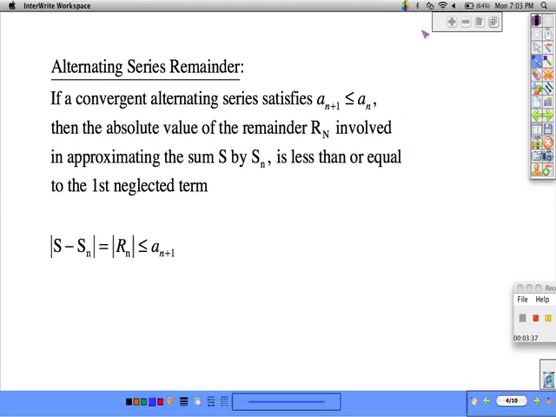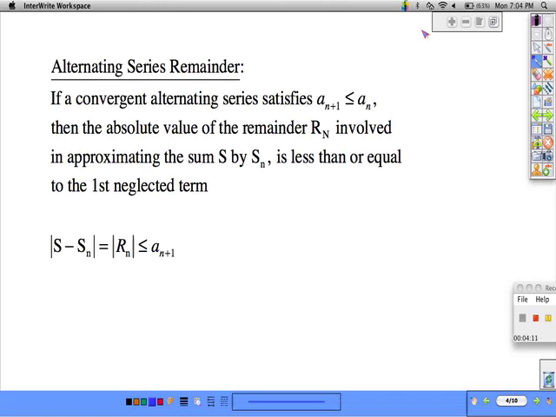Now, we can use a theorem that will allow us to get an approximation of the sum of a series for an alternating series. If a convergent alternating series is decreasing, that's what that inequality means, then the absolute value of our remainder, r sub n, involved in approximating the sum by s sub n, the nth partial sum, will always be less than or equal to the first neglected term.